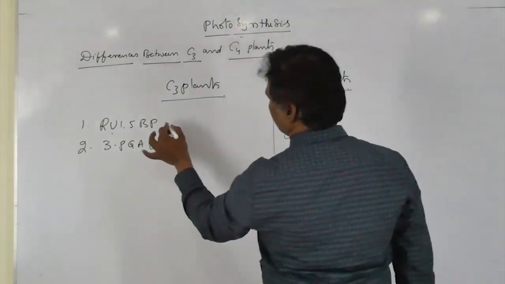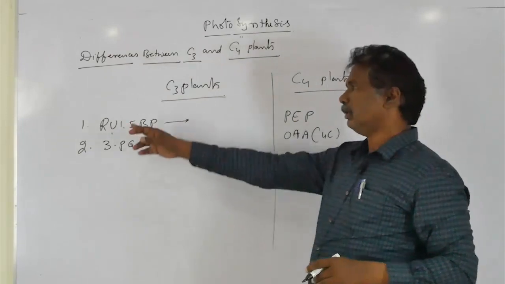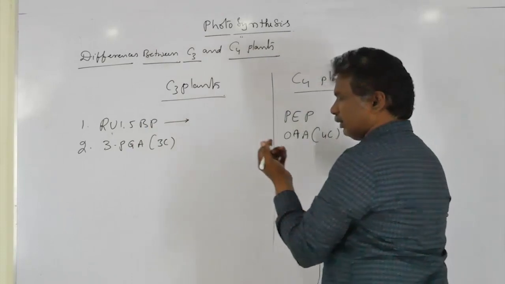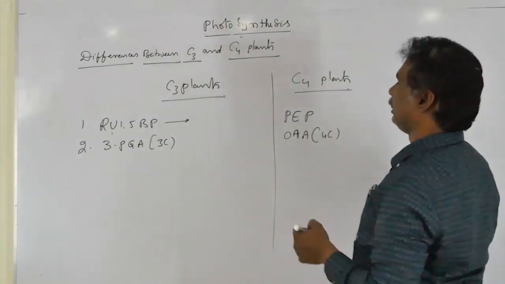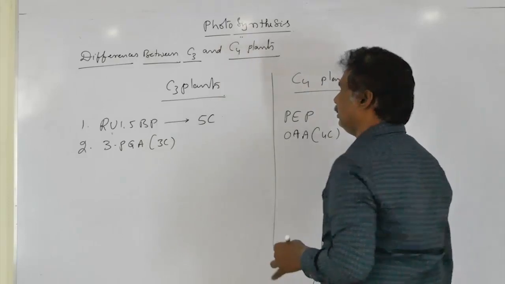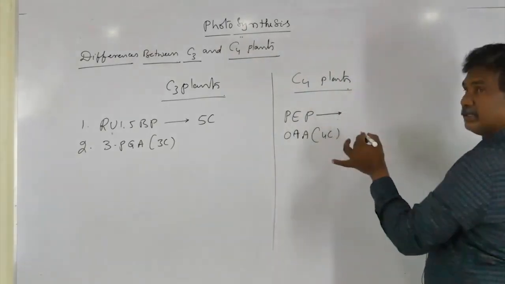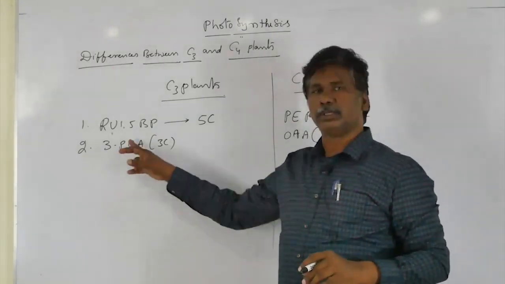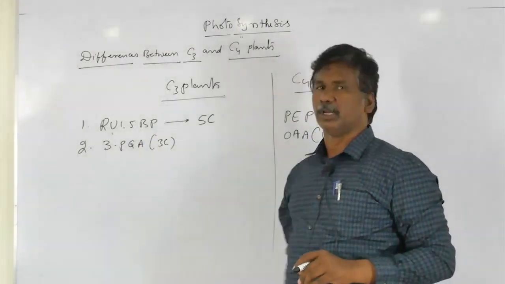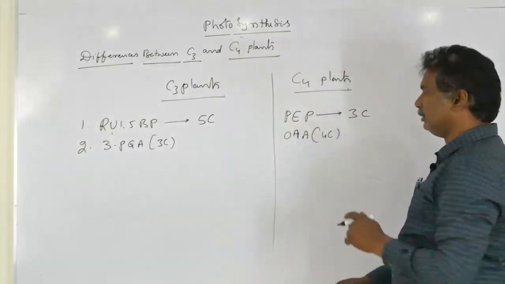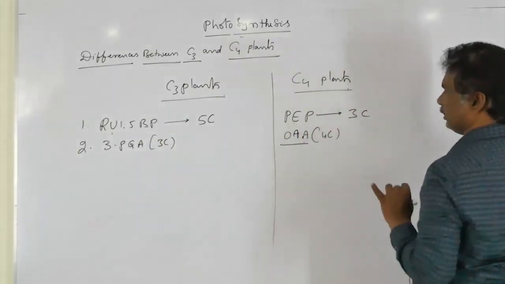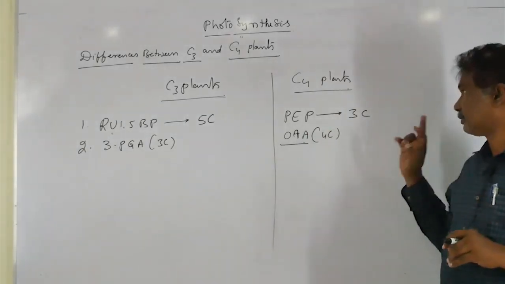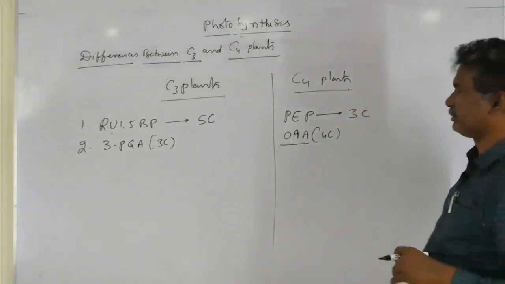The primary acceptor of CO2, ribulose 1,5-bisphosphate, has 5 carbons, but PEP, phosphoenol pyruvic acid, has only 3 carbons. The first formed compound, 3-phosphoglyceric acid, has 3 carbons, hence it is a C3 plant. The first formed compound oxaloacetic acid contains 4 carbons, so that is a C4 plant.